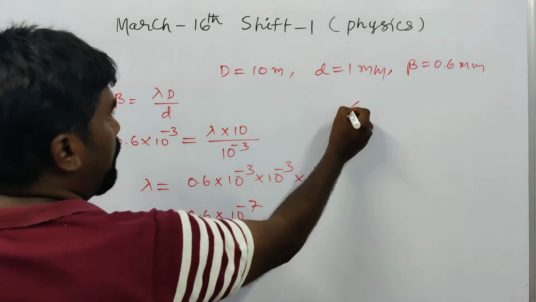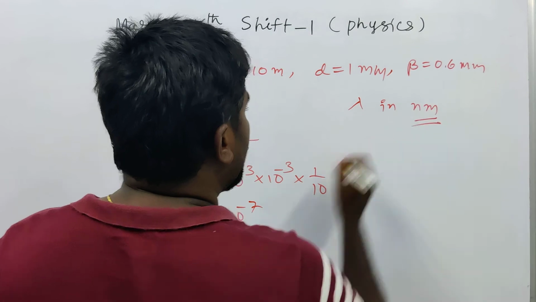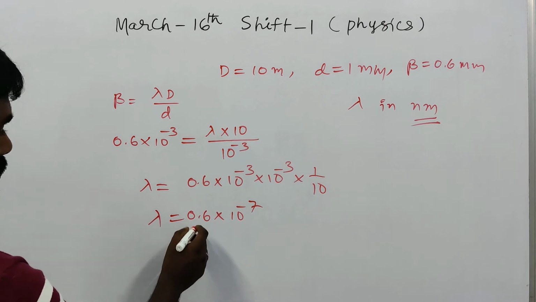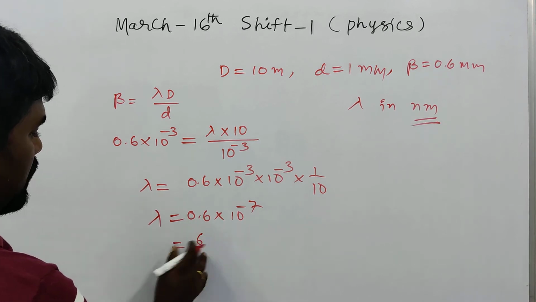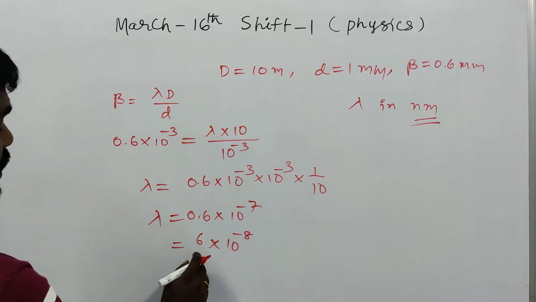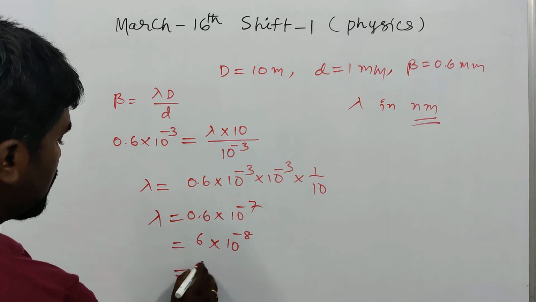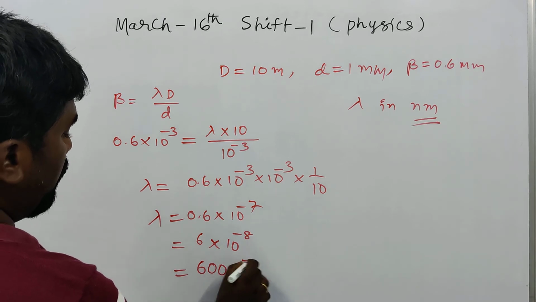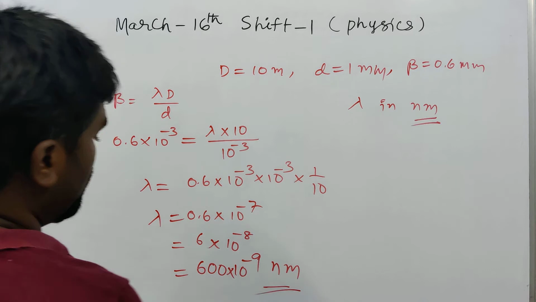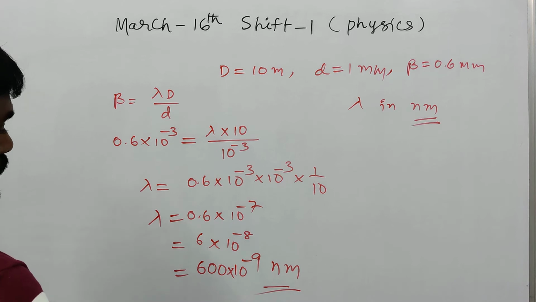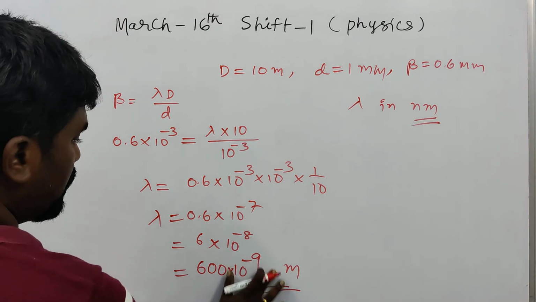Now find lambda in nanometer. For nanometer, it is 6 by 10, which is 6 into 10 to the power minus 8, nothing but 600 into 10 to the power minus 9 meter.